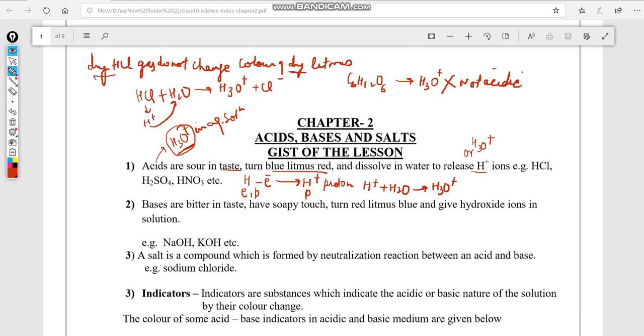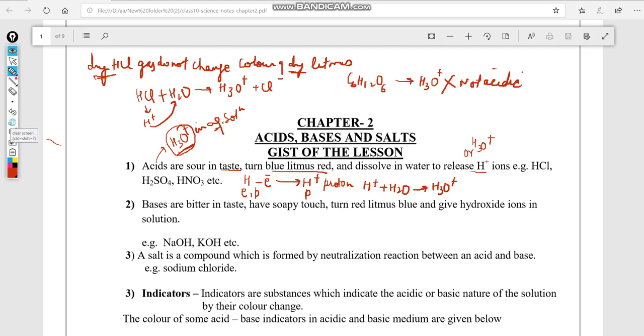Dry and dry. Hydronium ion is released only in aqueous medium. HCl gas is dry and litmus is also dry. So HCl is not able to release hydronium ion. So what should be the answer? Due to the absence of hydronium ion, because hydronium ion can be released only in aqueous medium.